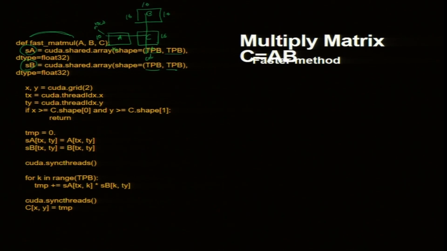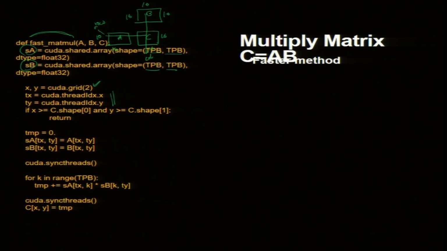Now, I get the XY location from the CUDA grid. So, XY is basically row and column. Then I get the thread positions TX, TY. Please remember how many threads are running right now. It comes from the host code, right. So, this will have only one block.